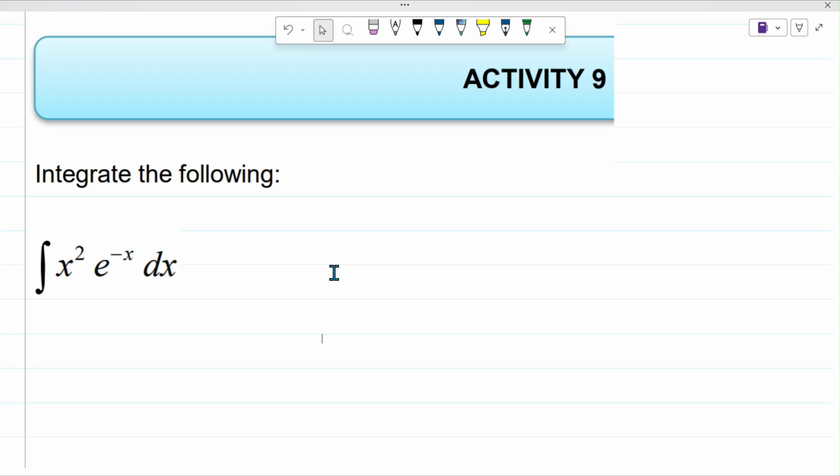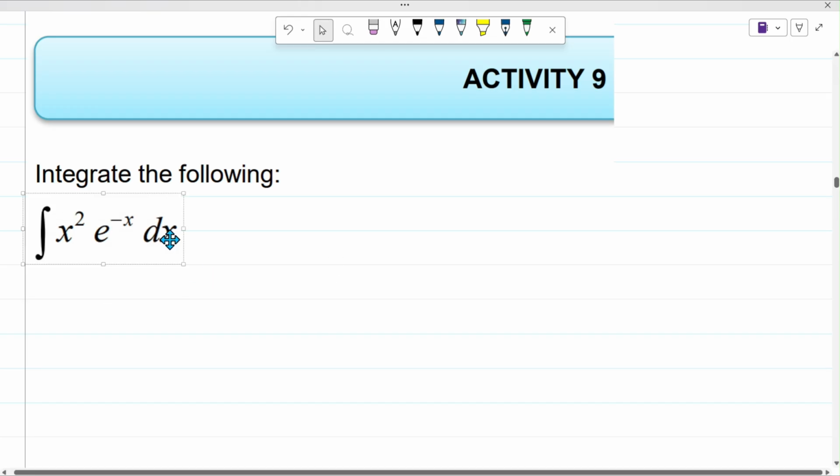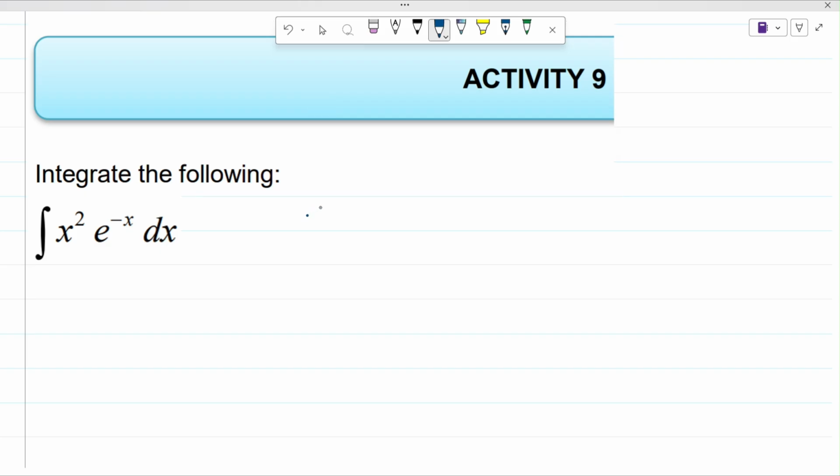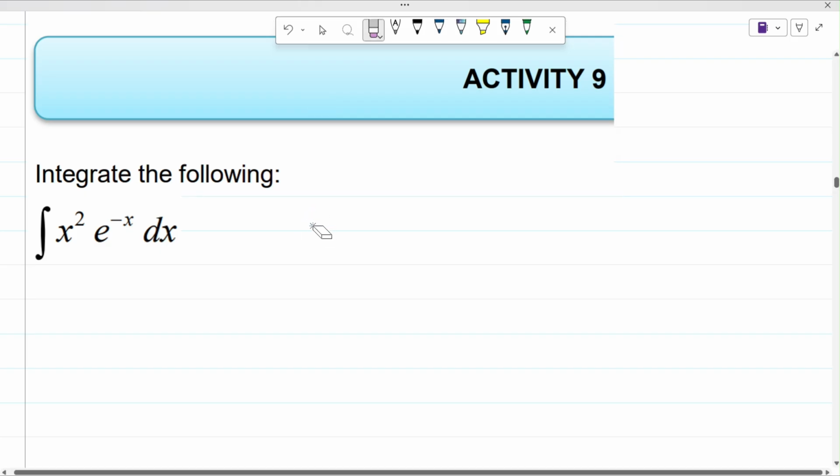We've got the integral of x squared multiplied by e to the power of negative x. When we see this question, you can see that you've got two different functions, and you cannot make one f of x and the other f prime of x. So what are you gonna do? You need to use integration by parts. This is where the LIATE comes in now. It comes to your rescue. So let me write our LIATE.